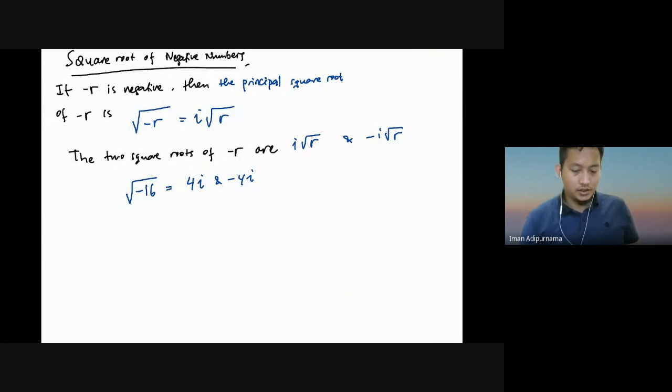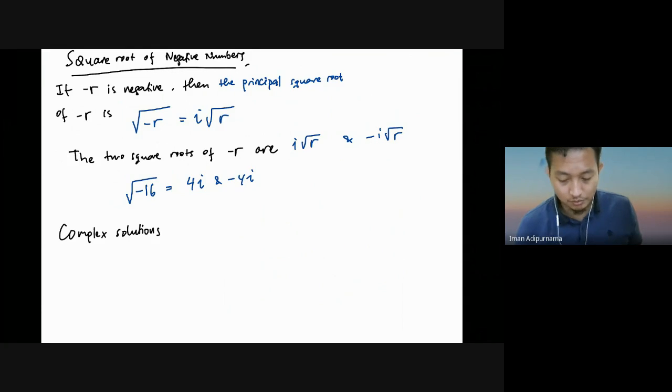Okay, another one is complex solutions. This is the last one on the complex numbers. So complex solutions of quadratic equations.